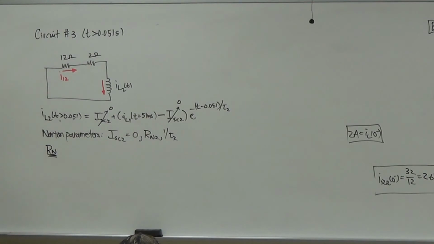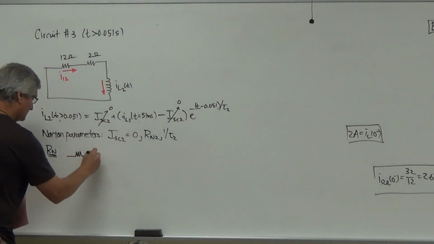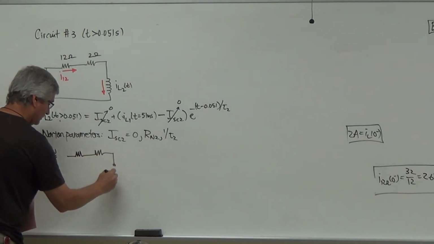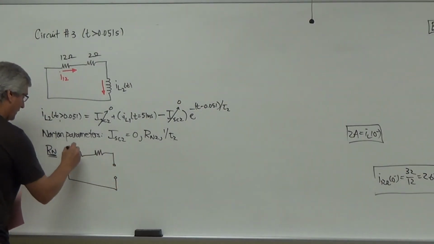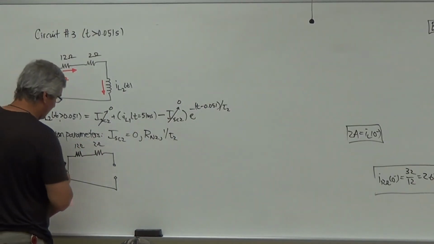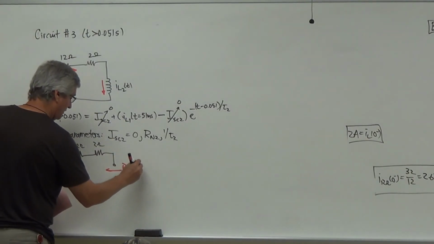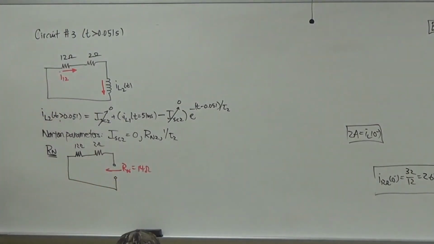So I pull the inductor out of the circuit, and I have 12, 2. If I look at this, it's clear that Rn has to be 14 ohms, which then tells me what tau is.